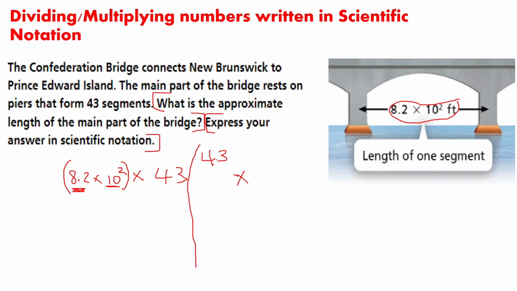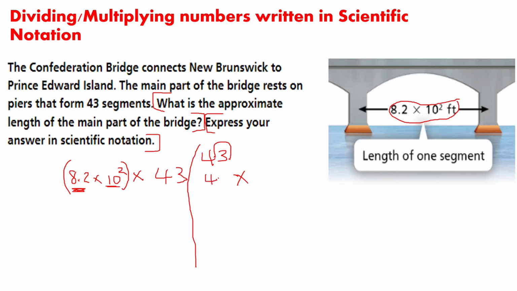Here, how do we make 43 be less than 10 but greater than or equal to 1? In a whole number, there's an invisible decimal point behind the last digit in the number. So there's an invisible decimal point behind this 3. To make this 43 less than 10 but greater than or equal to 1, I need to move that decimal place to the left one place. So this number now is going to be 4.3, which is less than 10 but greater than 1.